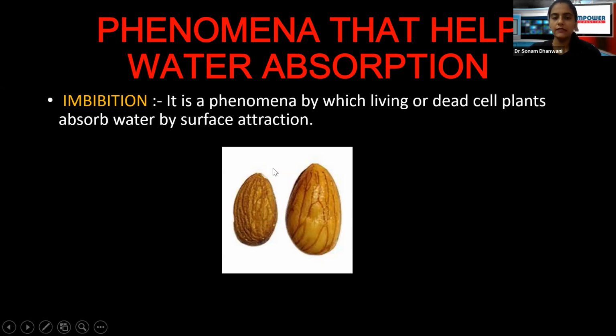This small one is a regular dried almond. When you put this almond into water and leave it for a few hours or overnight, and next morning when you check it, it will be swollen up like this. It will look big in size because it is swollen. What has happened? Nothing but this almond has taken up water and it has swollen. Now, I'll give you an example which happens in day-to-day life.